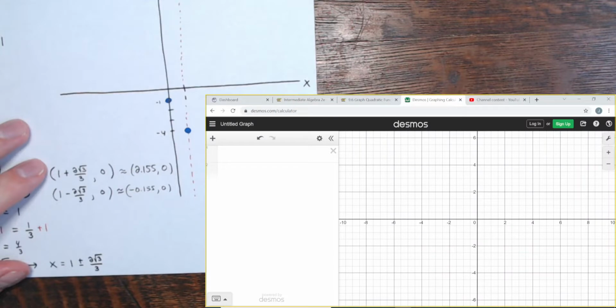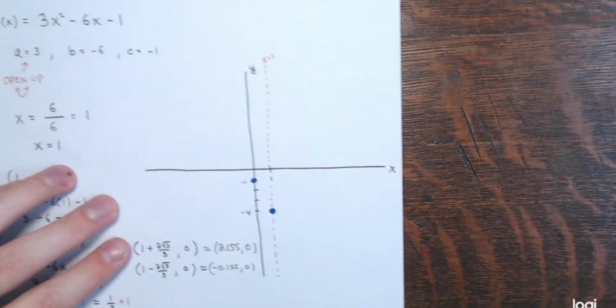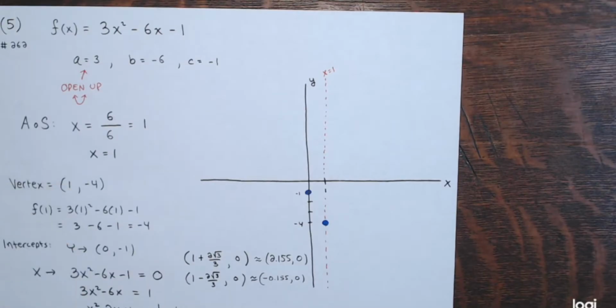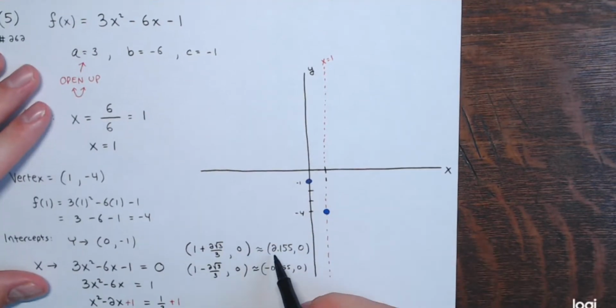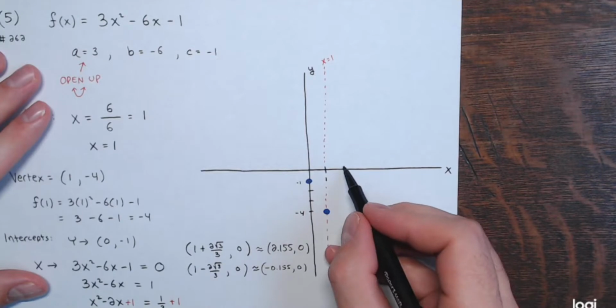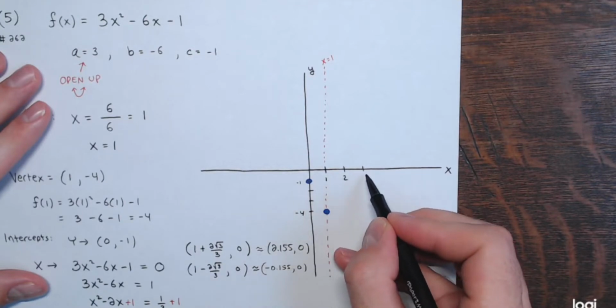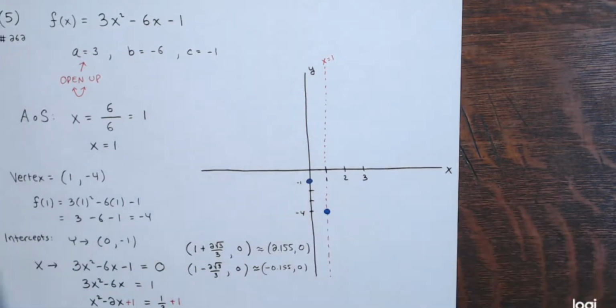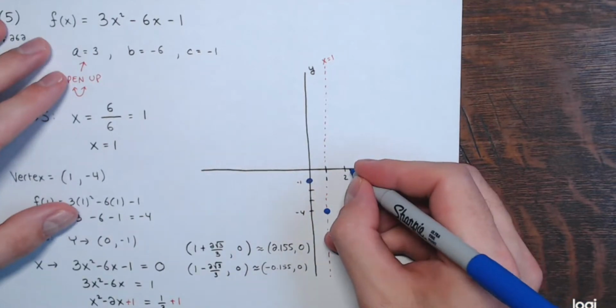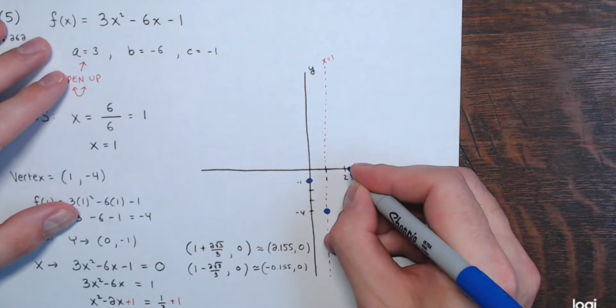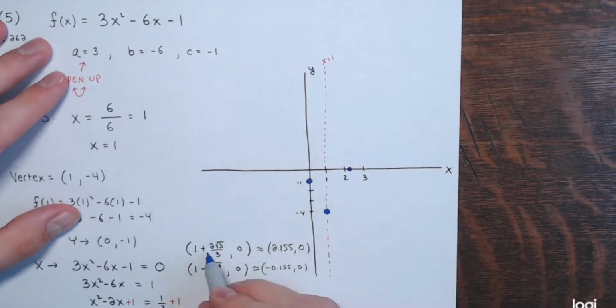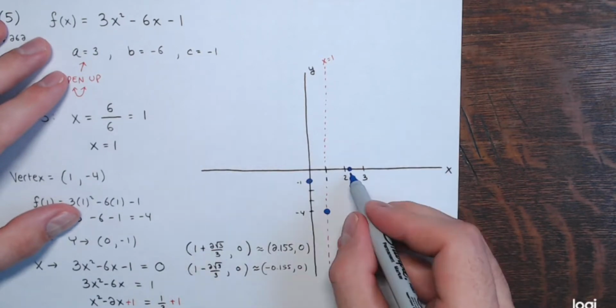to my paper here, and I'll make a rough sketch. So one of the x-intercepts is a little bit more than 2. So there's 2, there's 3, and one of these x-intercepts is just a little more than 2, maybe about there. That's the 1 plus 2 root 3 over 3, comma 0.